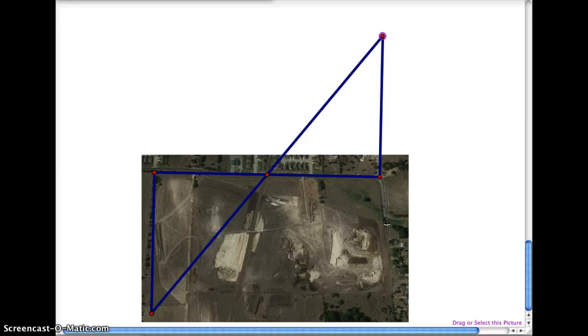I can prove the congruency, and based on CPCTC, I can now use that to find out the distance of that property. Now, could I realistically do it from a car? No, I couldn't do it from the car, but I could do it from an aerial photograph, right? Is there anything that would keep me from doing that on a piece of paper? No, I could just take a picture and do exactly that right there. That would help me. All right, so that's a real-world application of that.